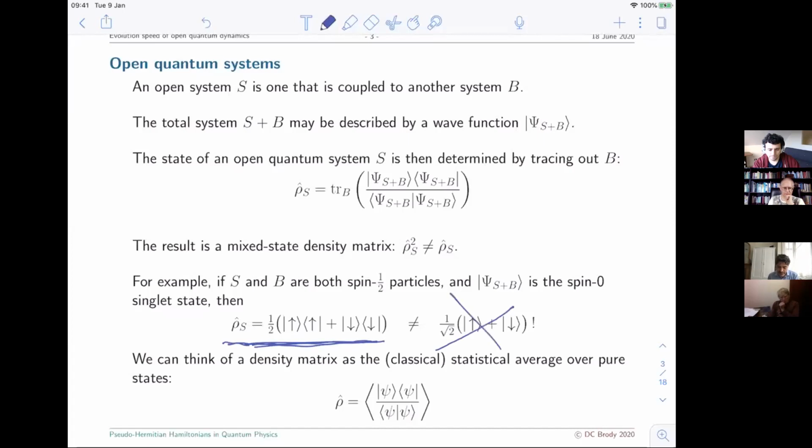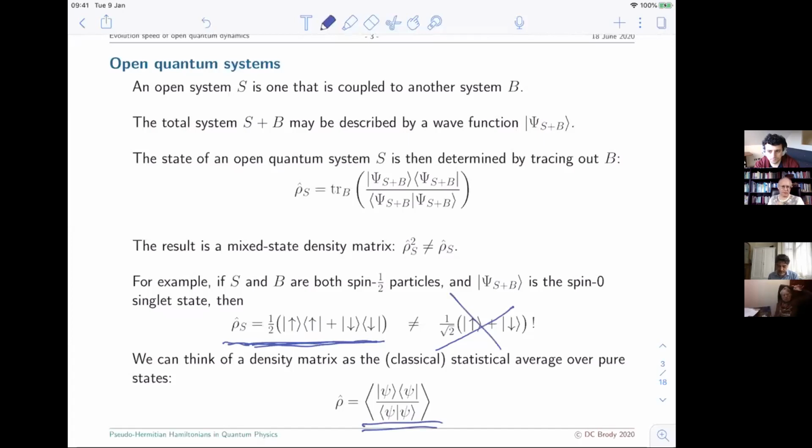Now, a density matrix can be thought of as describing a classical average over the space of wave functions. So basically, it represents our lack of knowledge of the state. You may have some probability distribution over the wave function, and you form the projection operator onto the wave function, and then you average over, and that gives you the density matrix.